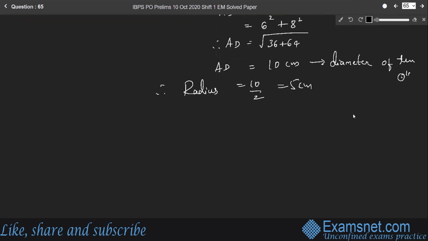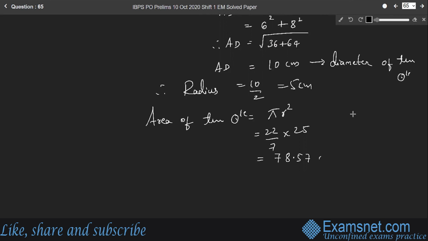The area of the circle is pi r square, which is 22 by 7 into r square, 25. After simplification, 22 by 7 can be taken as 3.142. So you will get 78.57 centimeter square as the area of the circle.